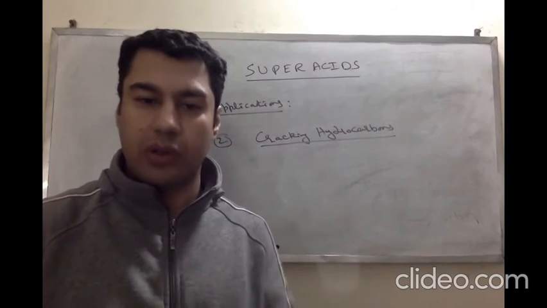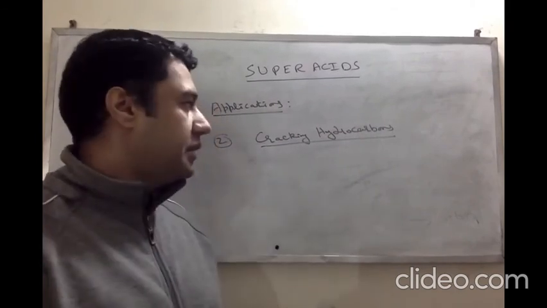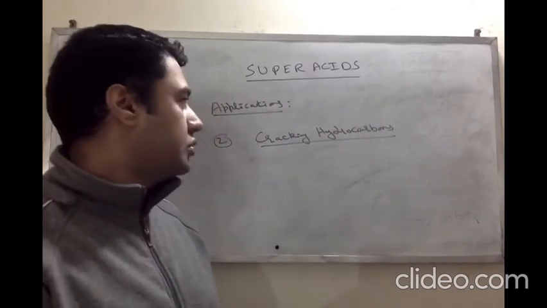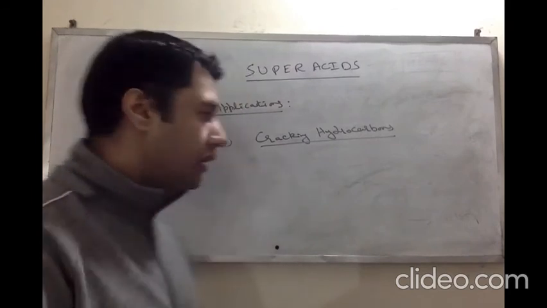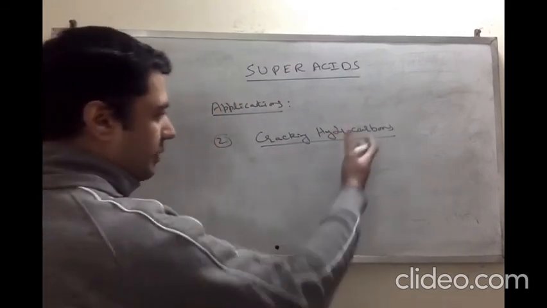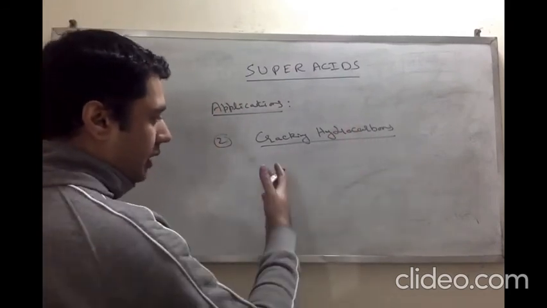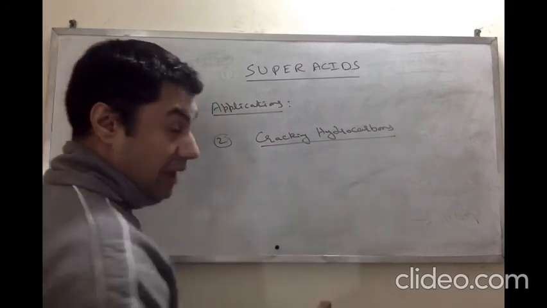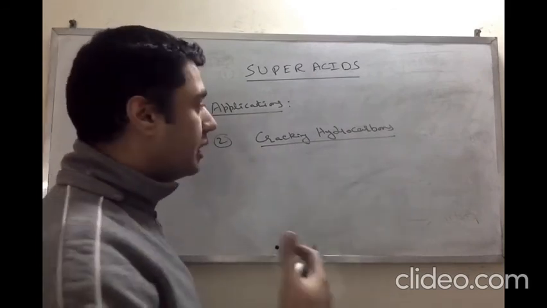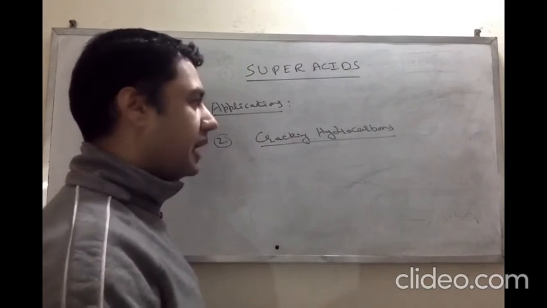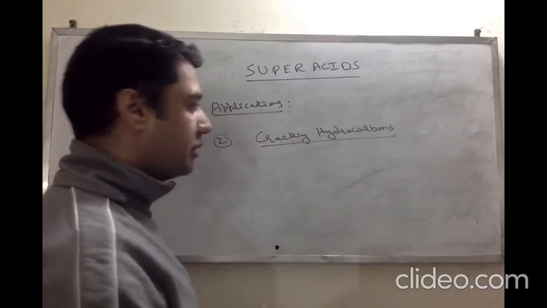So heat or thermal energy was the primary reagent which was used to crack hydrocarbons. However, superacids have found very interesting applications in the sense that now the cracking of hydrocarbons can be done much more easily by using a superacid as a catalyst, and this requires much less amount of thermal energy.